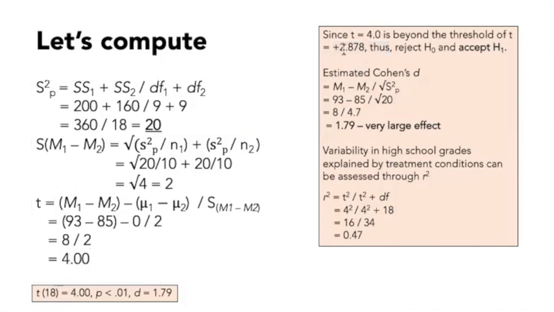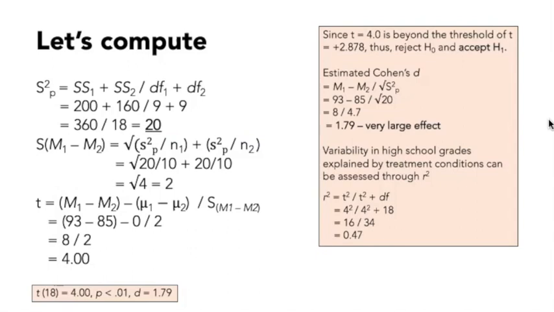So since 4 is greater than 2.878, we reject the null hypothesis and then we accept our alternative hypothesis. So voila, this is exactly what you have to do in independent samples t-test. Now, this is a very clear method of doing independent measures t-test. So this is the basic formula that you have to follow.